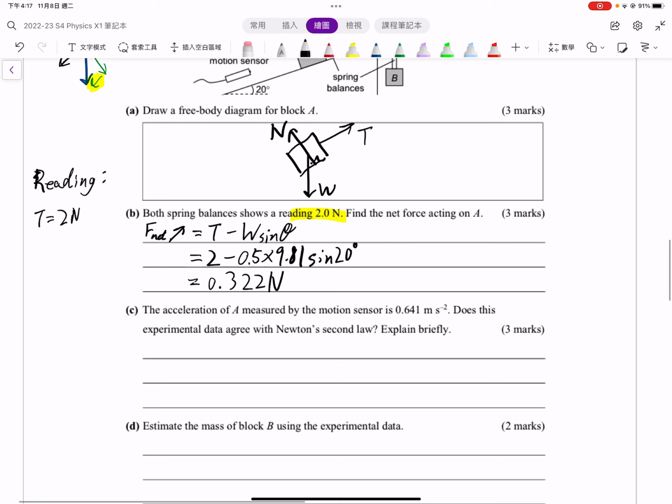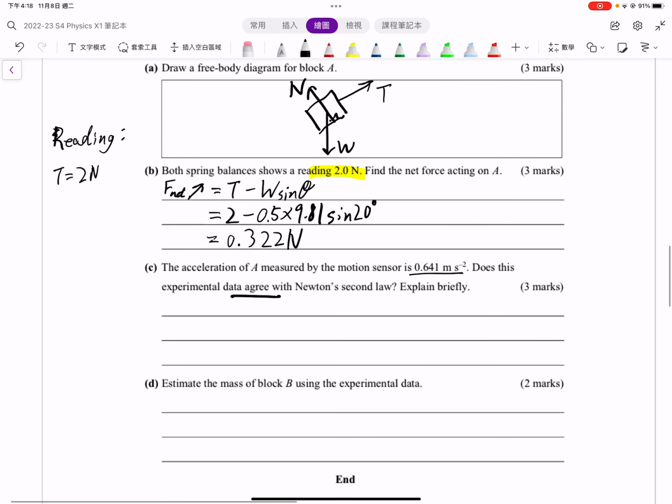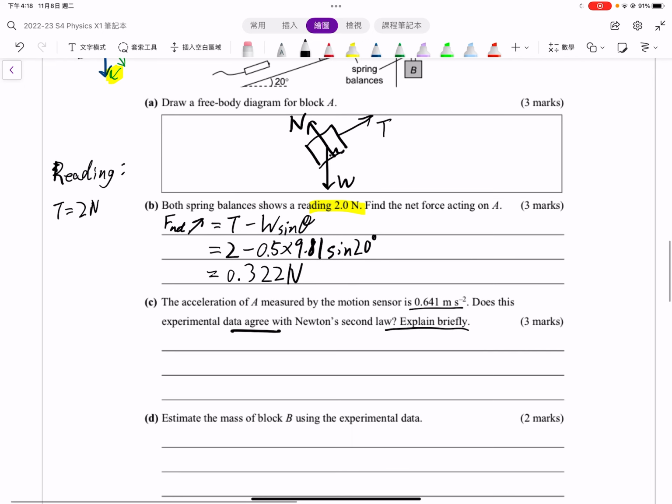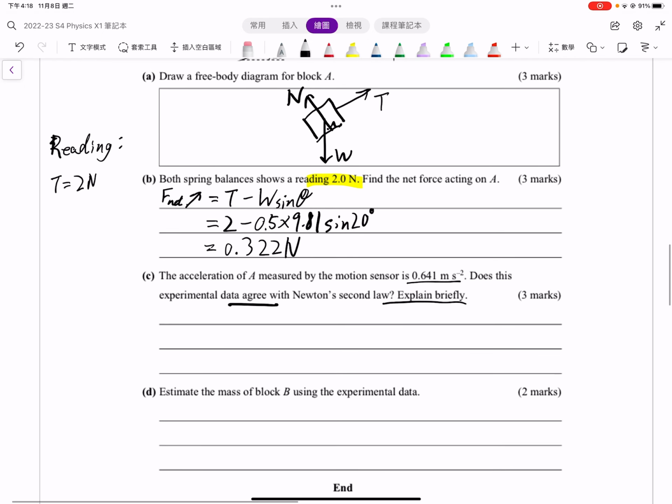The acceleration of A measured by the motion sensor is 0.641 meter per second squared. Does this experimental data agree with Newton's second law? Explain briefly. Now this one is actually quite complex. You can see that by the force that we can calculate, we can find the acceleration.